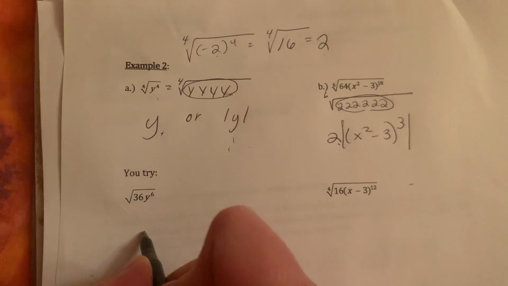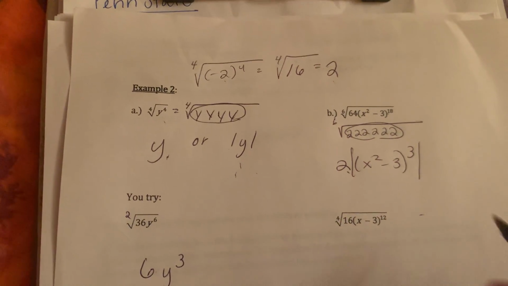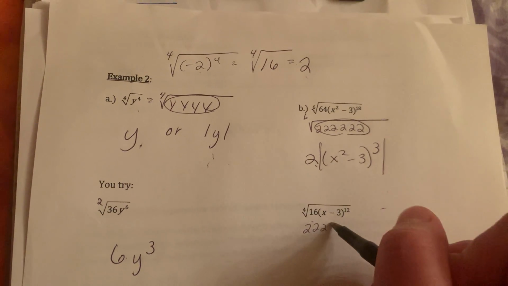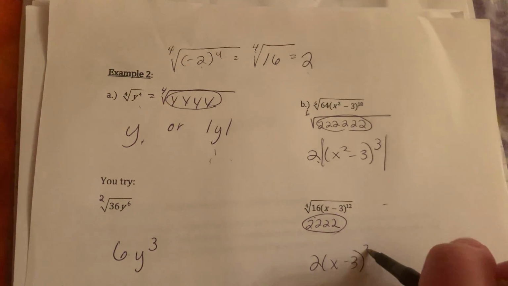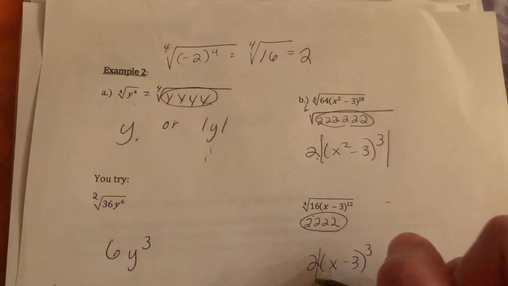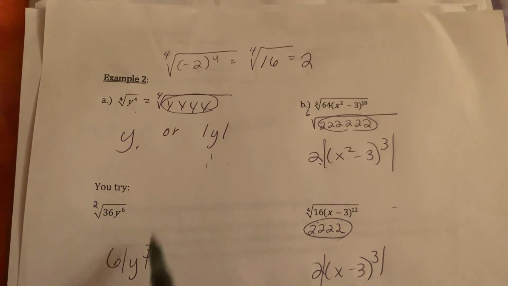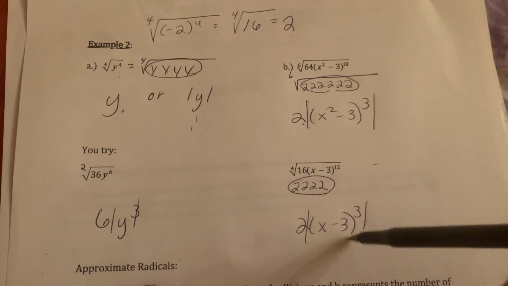Here, we'll get 6, y to the 3rd. Here, we will get 2, 2, 2, 2, so it's 2. Here, absolute value bars just go around the odd because if it's an even root with an odd power, you'll only get a positive. You do not have to put these if you do not want to.